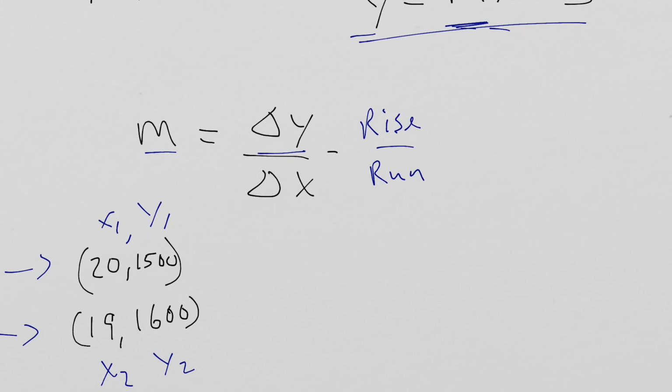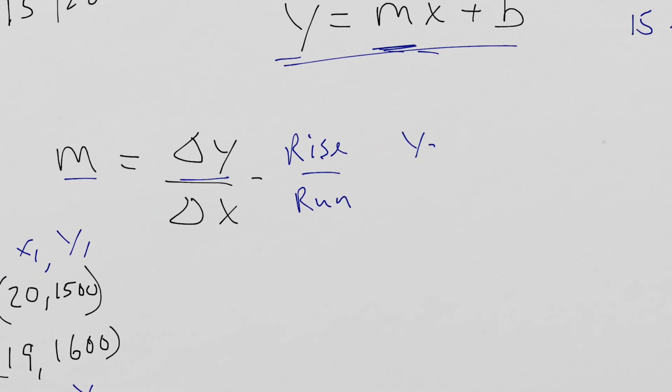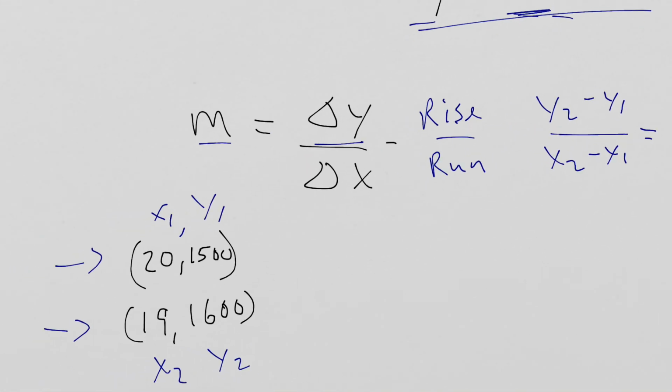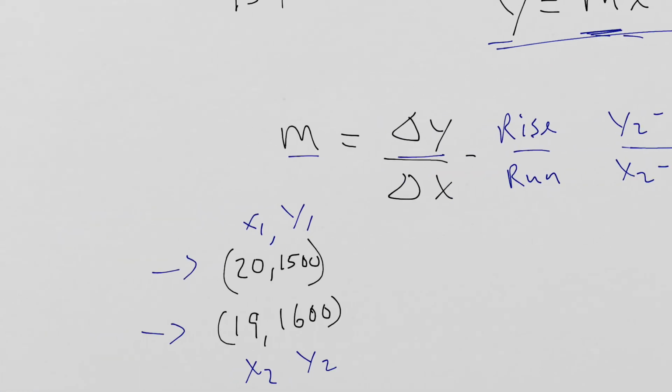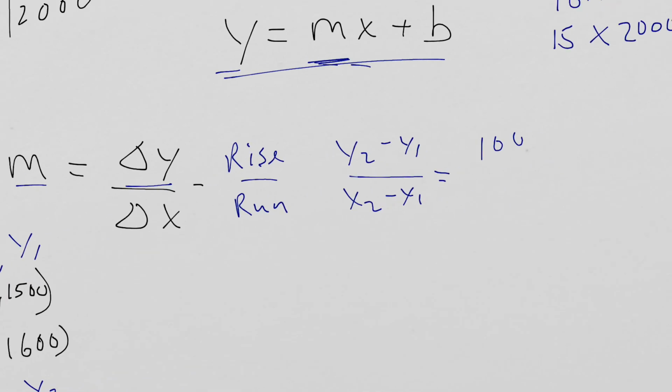So to get rise over run, I'm going to take y2 minus y1 over x2 minus x1. y2 minus y1 is going to be 100 by using these 2 points down here. x2 minus x1 is going to be -1. So my slope is -100.